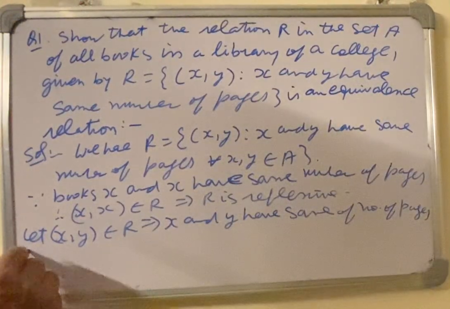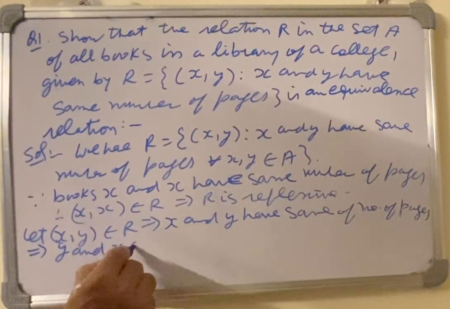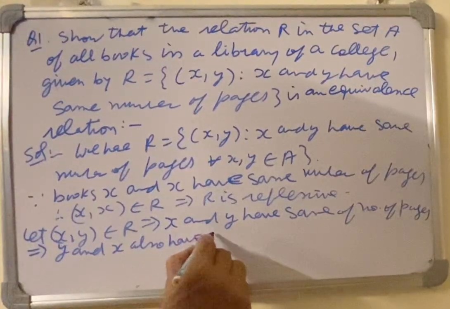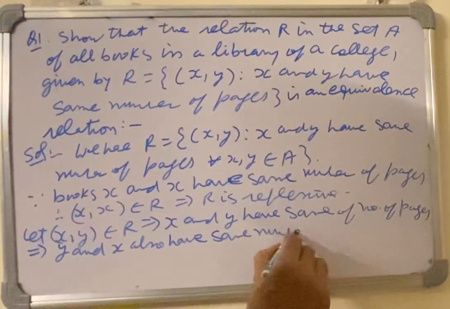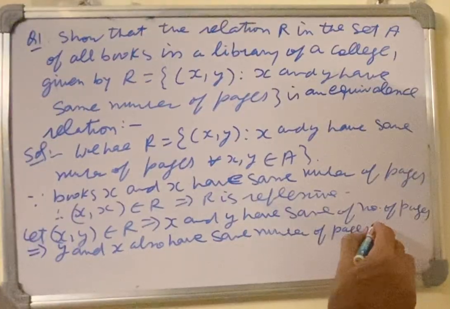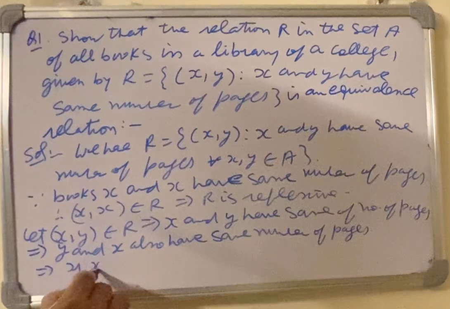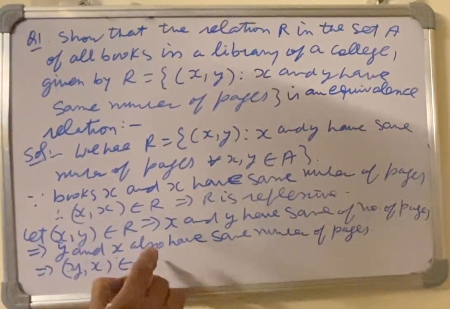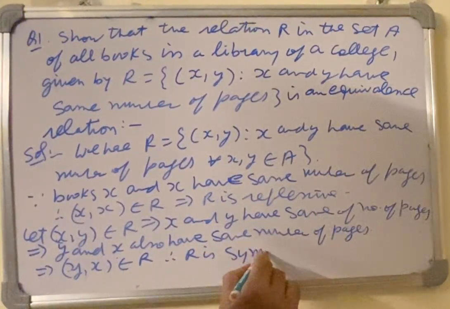Which implies y and x also have the same number of pages. Which implies y, x belongs to R. Therefore R is symmetric.